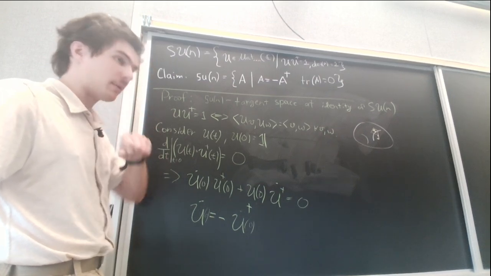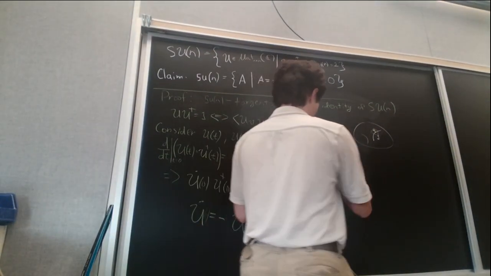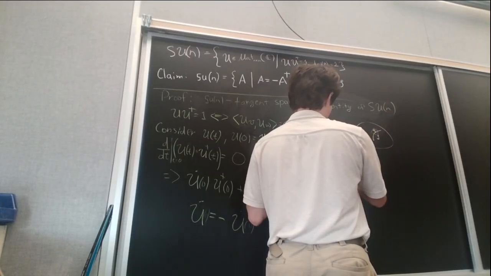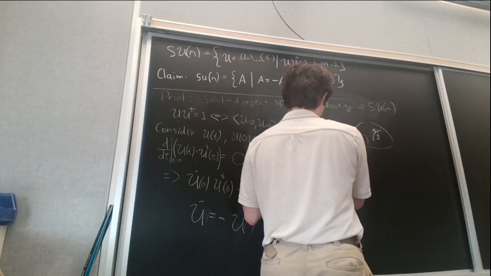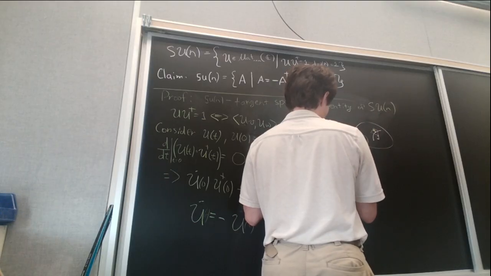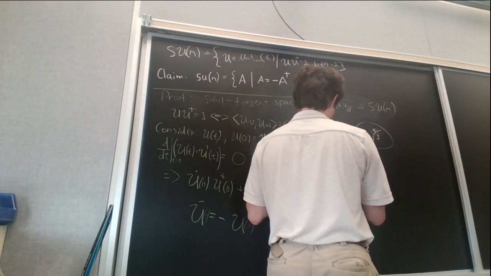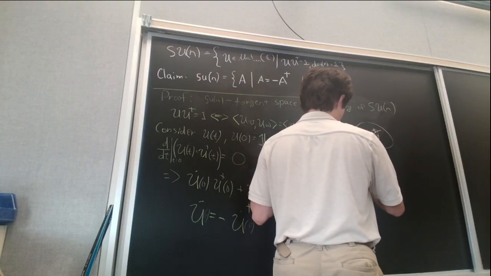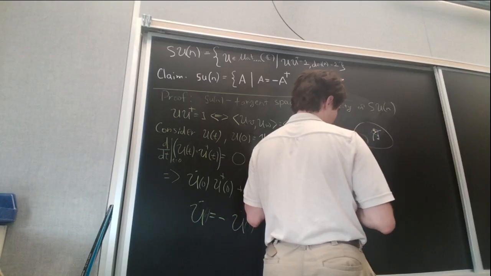Why? Because remember, if I exponentiate things, like if I go further, I'll have exponential of at, right? And suppose I take a derivative of this, okay? Then this is going to be a e to the at, right?